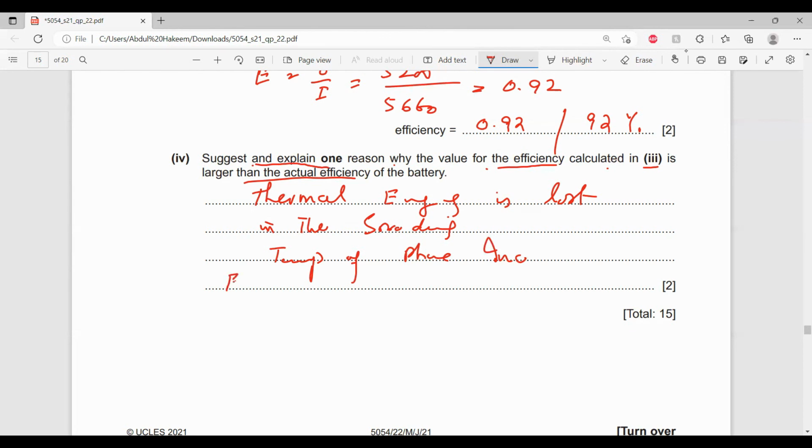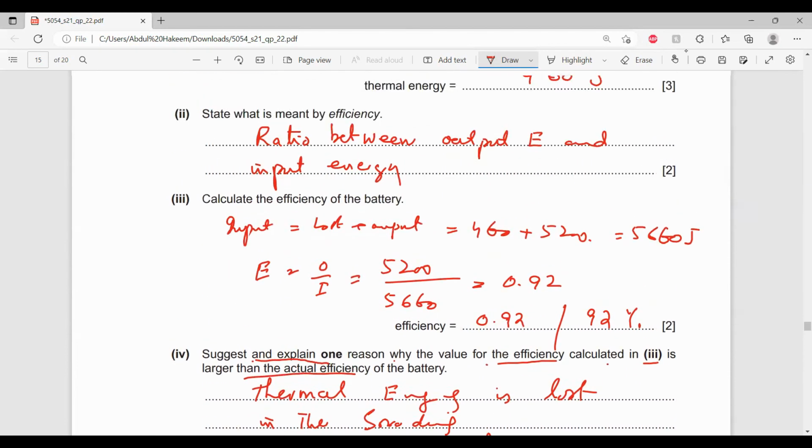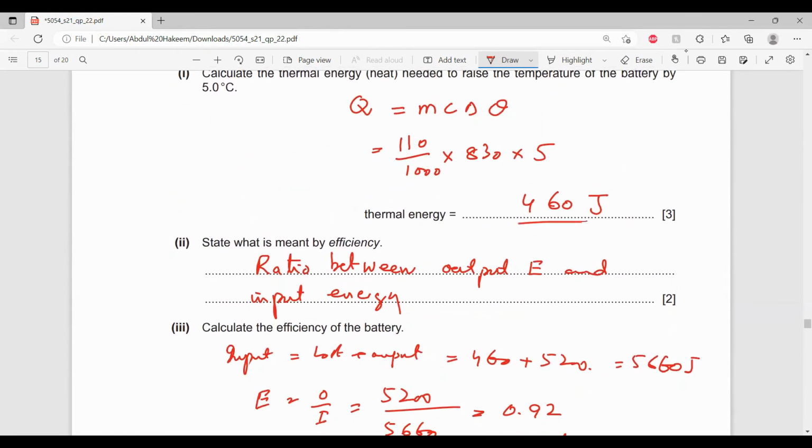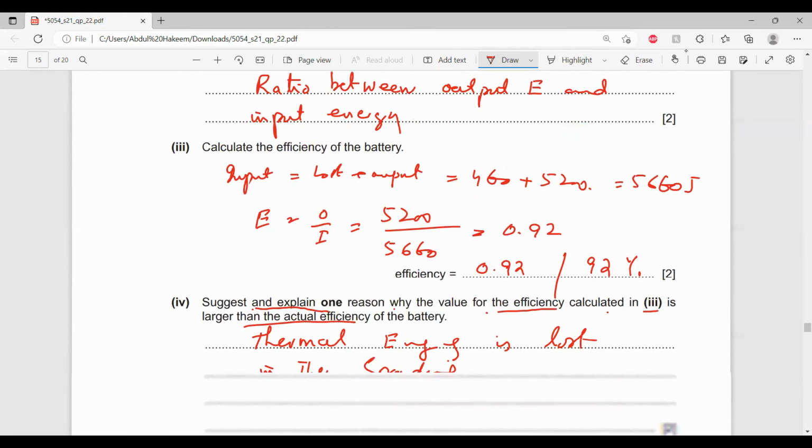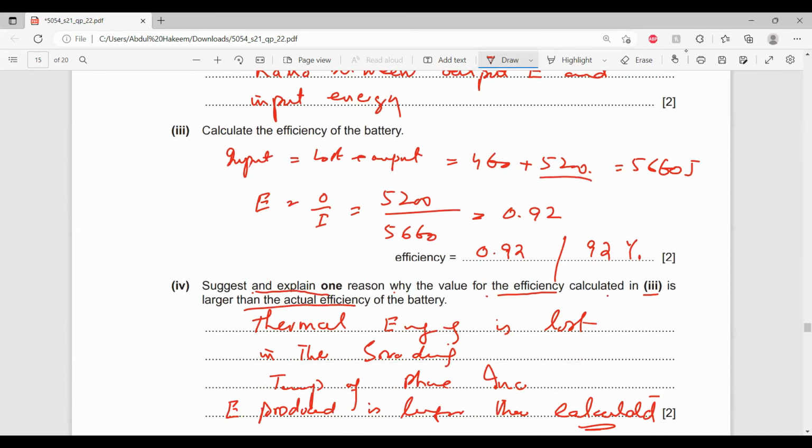Hence, the energy produced is larger than calculated. We are calculating this energy and this output, but the energy which is lost to the surroundings is not considered in the calculation.